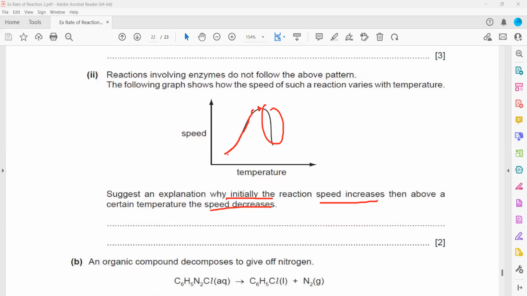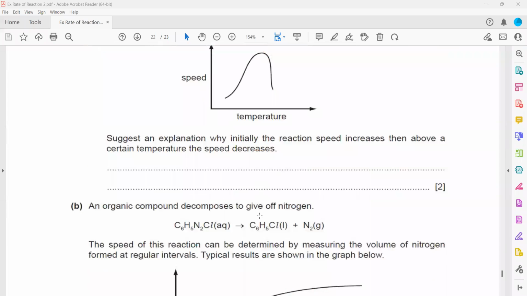They denature at high temperature, and they have an optimum temperature to work. The best answer for this one: the reaction will be faster as the temperature is increasing, but after a certain temperature the enzyme denatures. That's why it no longer remains an active catalyst.